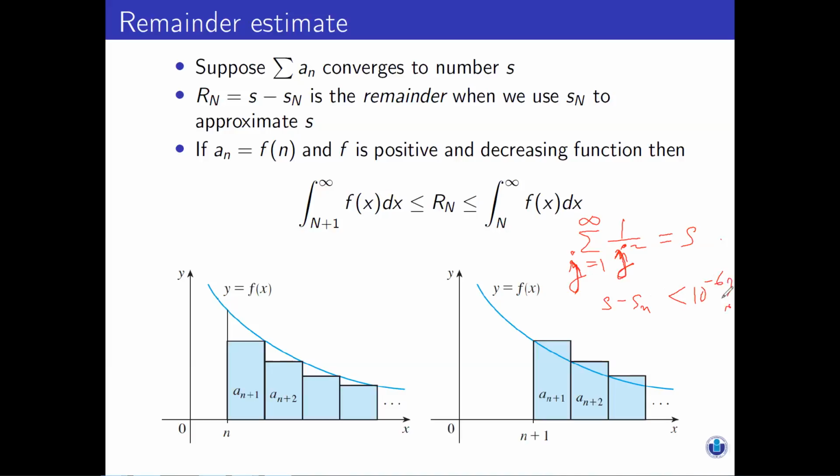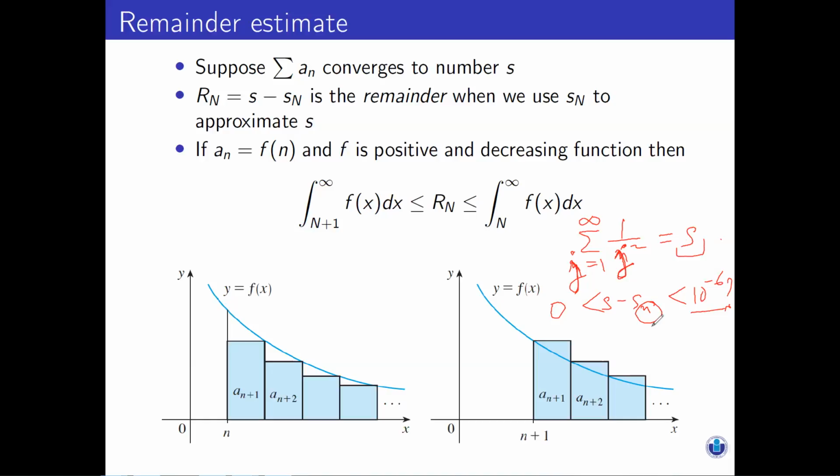So suppose that you want to have these accuracies. So you know that this is always positive because it's a series of non-negative terms. So suppose that you want to approximate this S within 10 to the power minus 6. Which n can you stop?